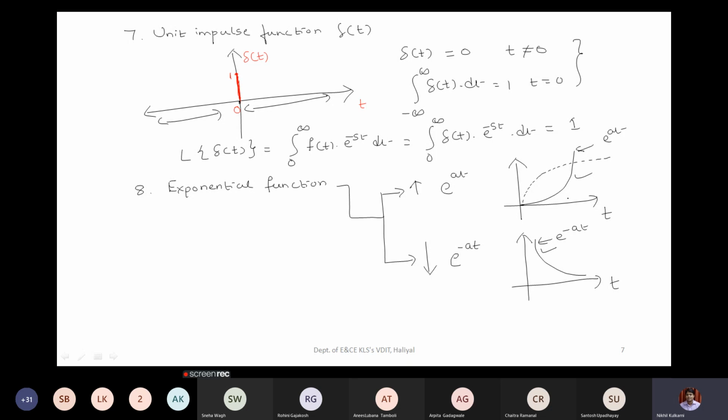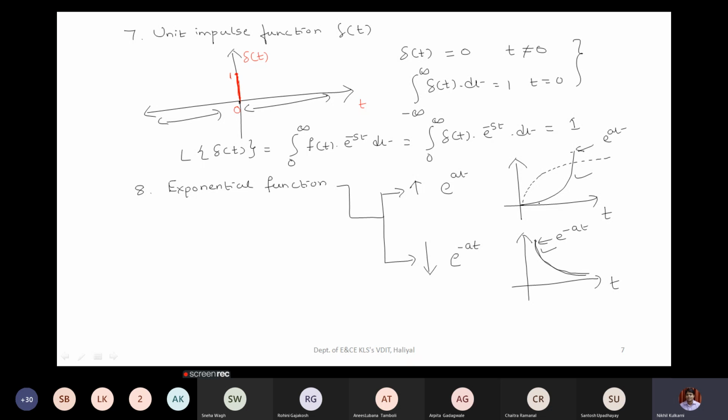It is clearly visible that as you go towards t, the amplitude is increasing in one, but in the other the magnitude is decreasing. Usually we take the decreasing one as exponentially decreasing, and the other as exponentially increasing.